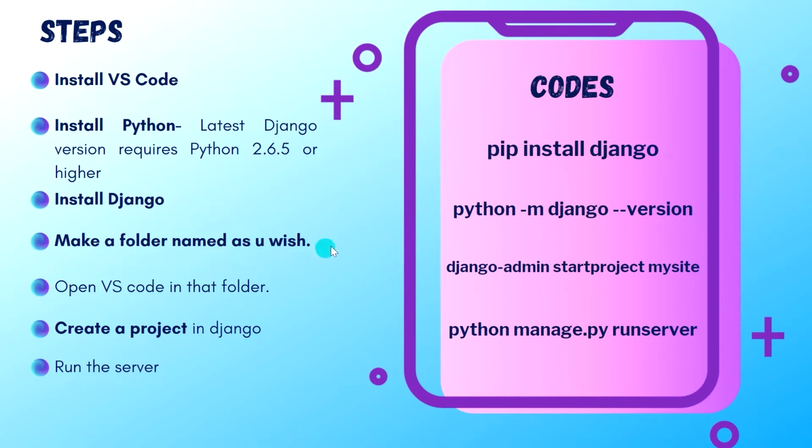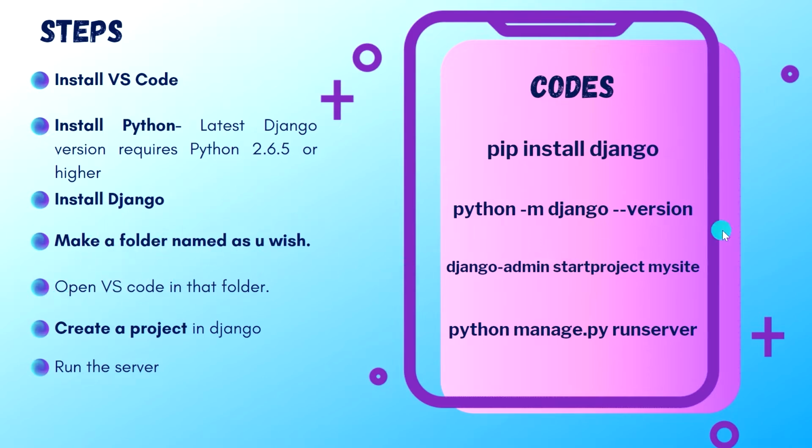Then we have to make a folder named as you wish. So you can name it as you wish, but yeah, we have to make sure we do not name it as Flask, Python, Django, something like that. After that, we can make a folder named as we wish as per the project we are building, and we have to open VS Code in that folder.